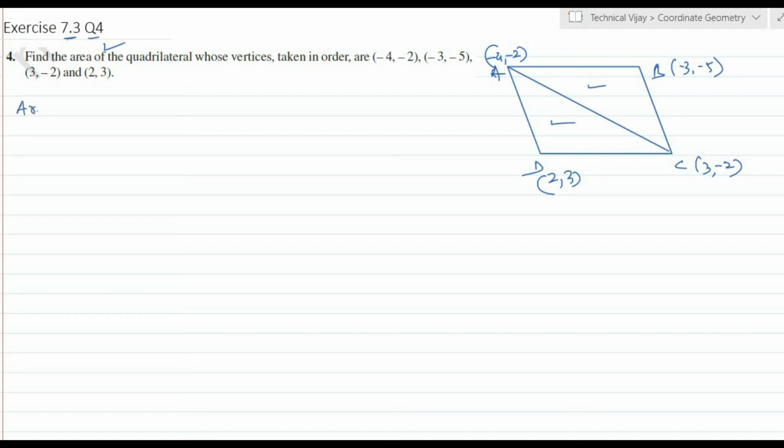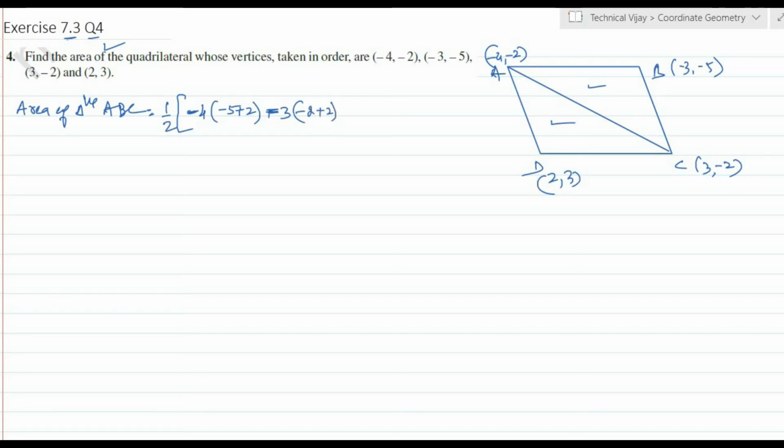So area of triangle ABC is equal to half, and here we will take x1 y1, x2 y2, x3 y3. So here x1 into, that is minus 4 into y2 minus y3, that is minus 5 minus of minus 2, minus 5 plus 2, plus x2 means minus 3, and here y3 minus y1, so minus 2 plus 2.